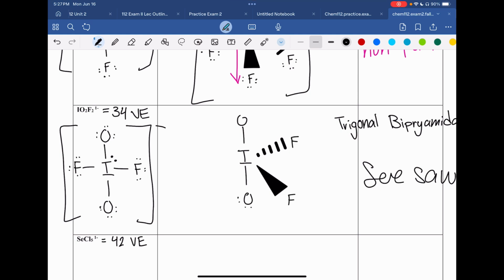Put these dots. And then you have your lone pair electrons. Kind of looks like that. Don't forget it's an ion.